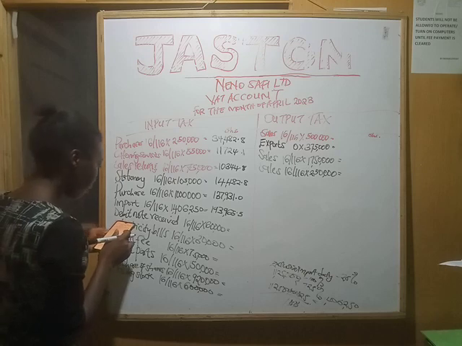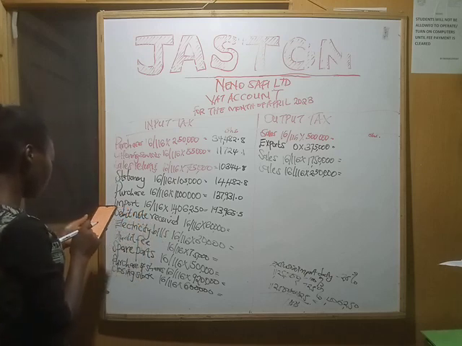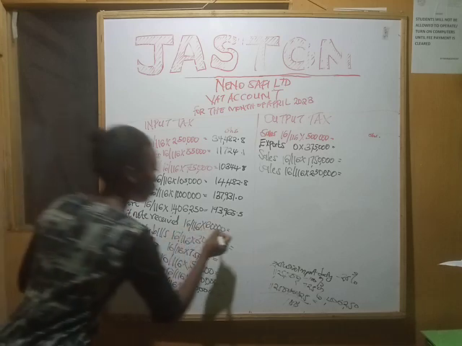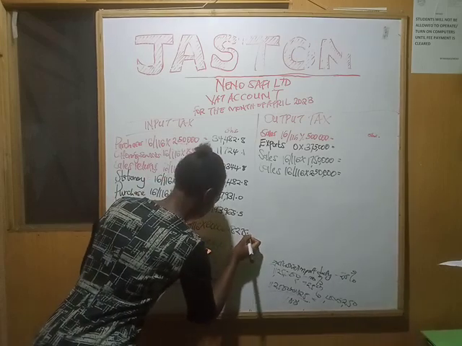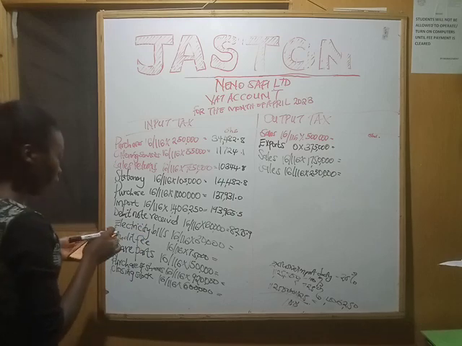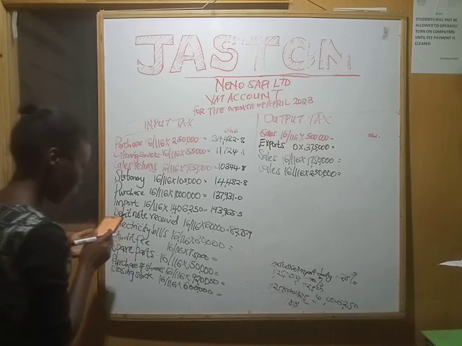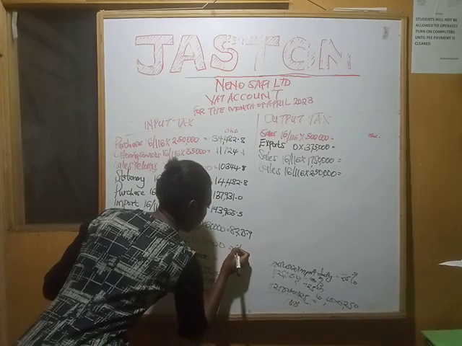We have 8,275.9. Then we have the next one, times 300,000. We have 41,379.